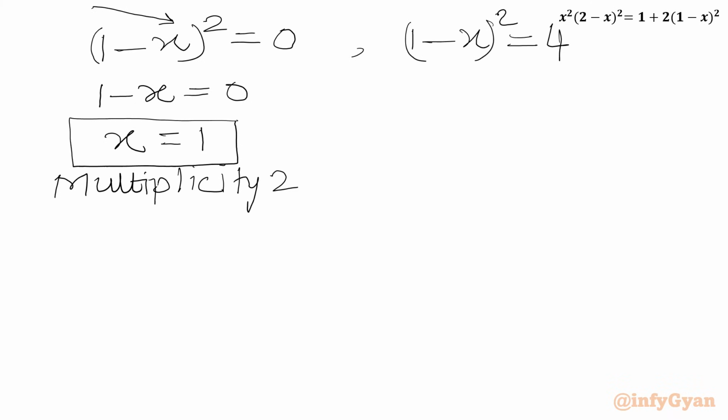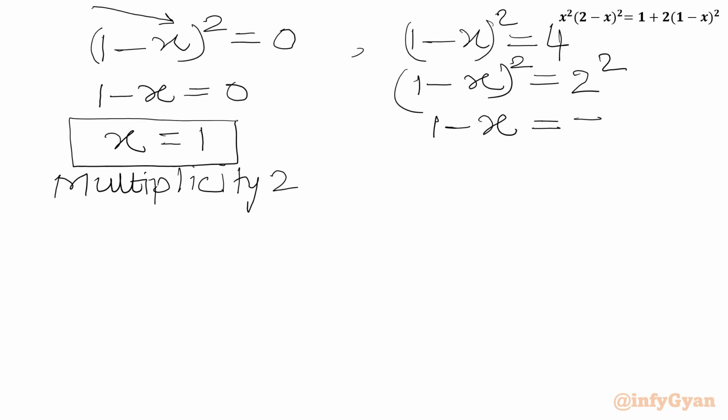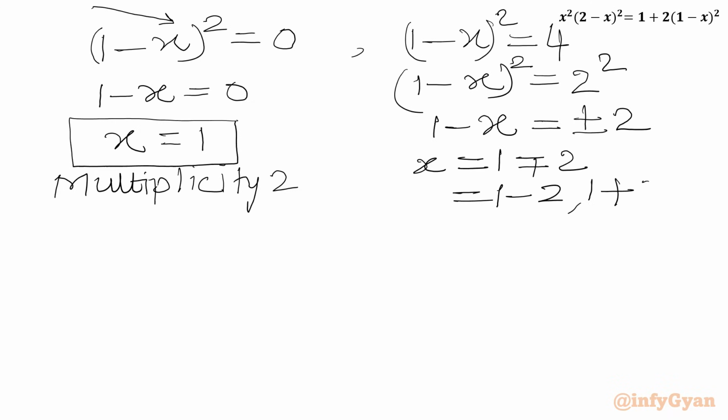Now we will solve the second equation. We will write (1 minus x) whole square equal to 4. 4 is 2 square. We will take square root both sides. So 1 minus x will be equal to plus minus 2. Or I can write x will be equal to 1 minus plus 2. Value will be 1 minus 2, 1 plus 2.